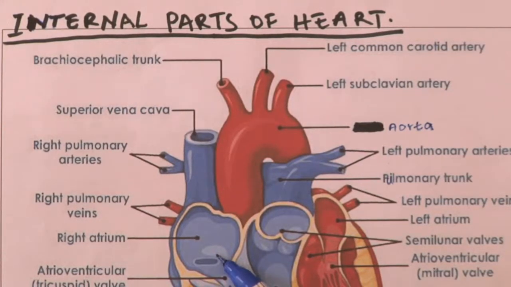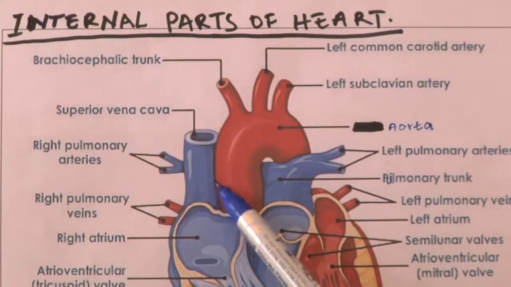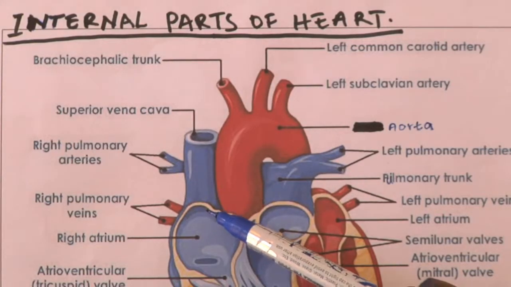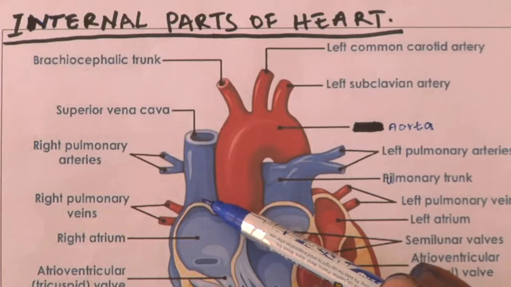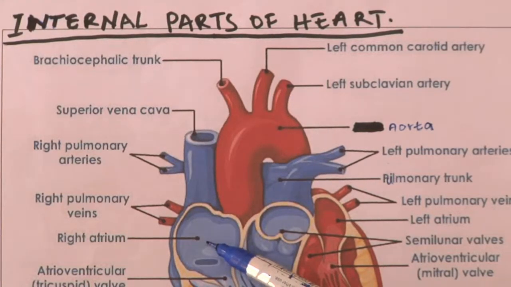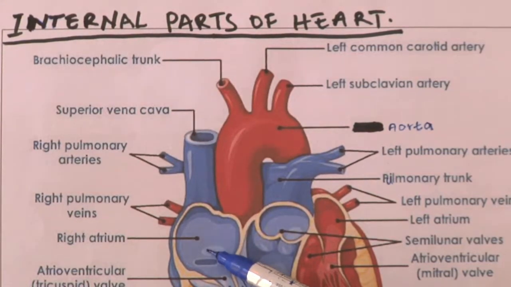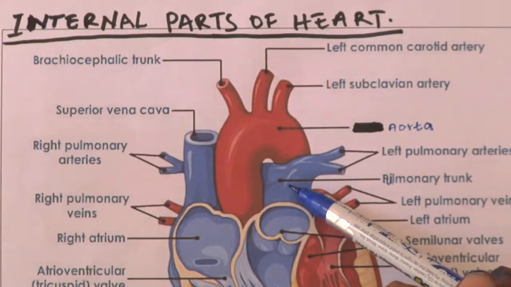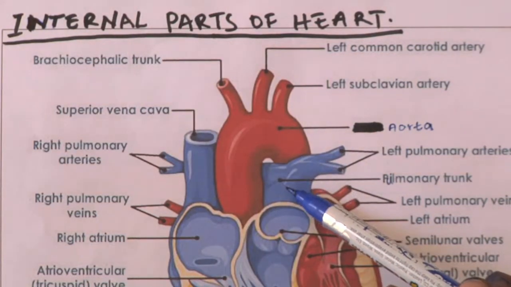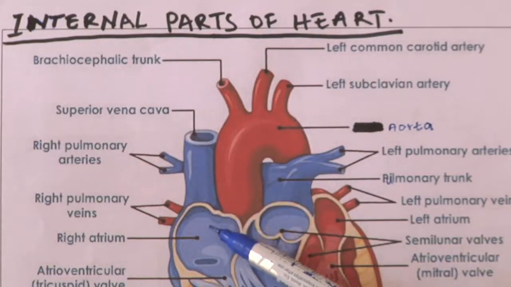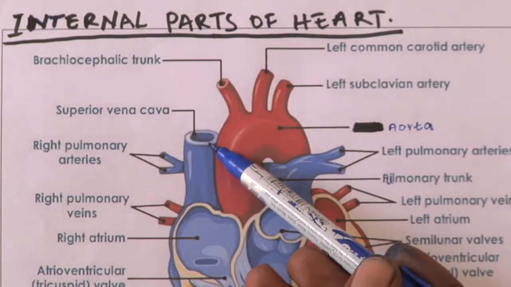And what type of blood do they bring? The superior vena cava and the inferior vena cava bring deoxygenated blood to the right atrium so that it can be taken to the lungs to be oxygenated.